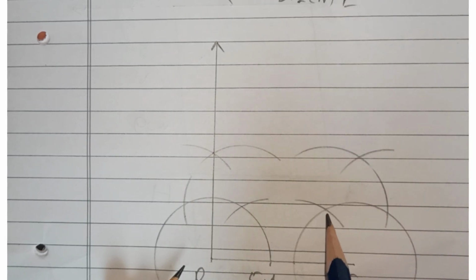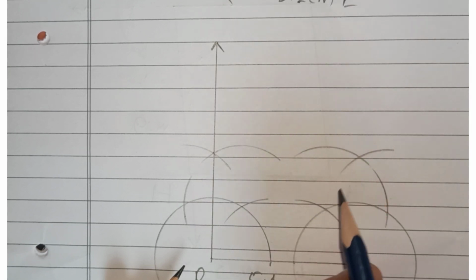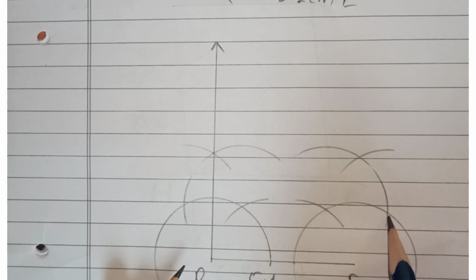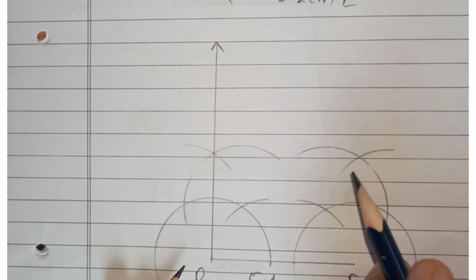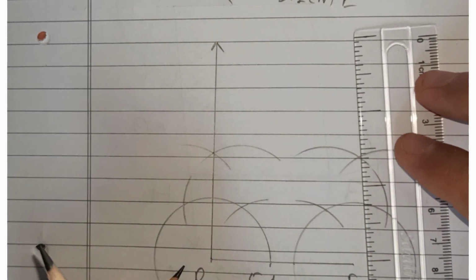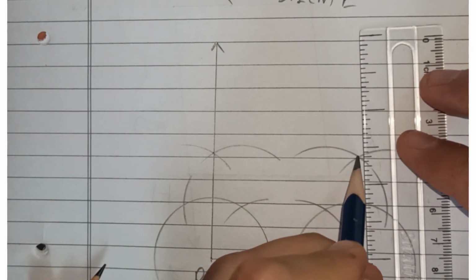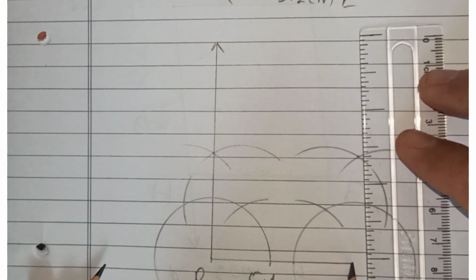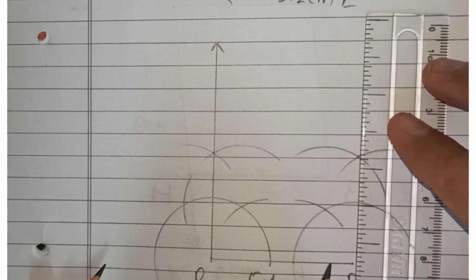Again with the same measurement keep the needle at this point and cut an arc upside, then keep the needle at this point and cut another arc upside. Now where these two arcs are intersecting, join that intersecting point and point E.